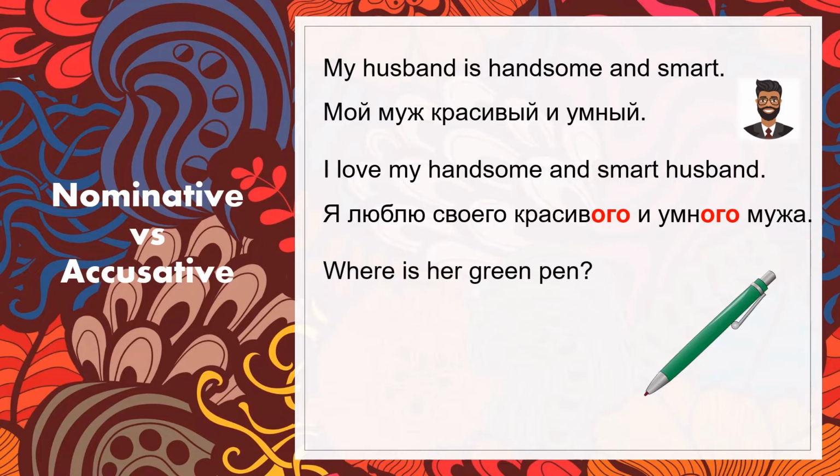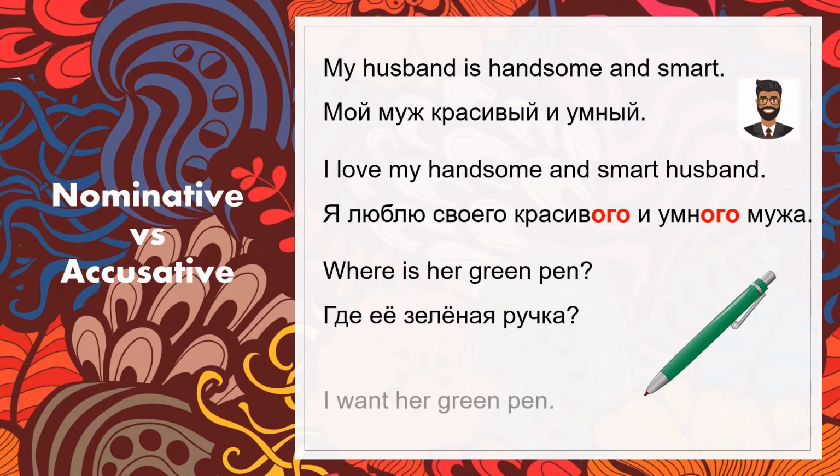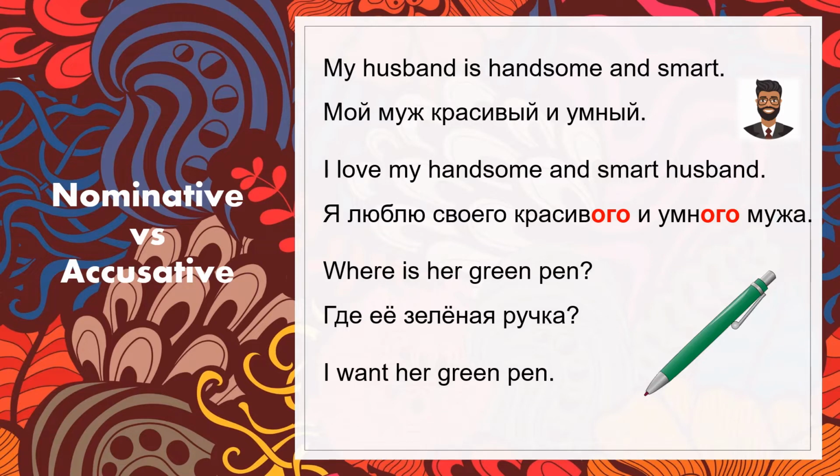Another example, where is her green pen? The pen is the subject, so we're using nominative. Где ее зеленая ручка? But if the sentence were changed to I want her green pen, now I is the subject, it's the person doing the action, doing the wanting, and then pen becomes the object.